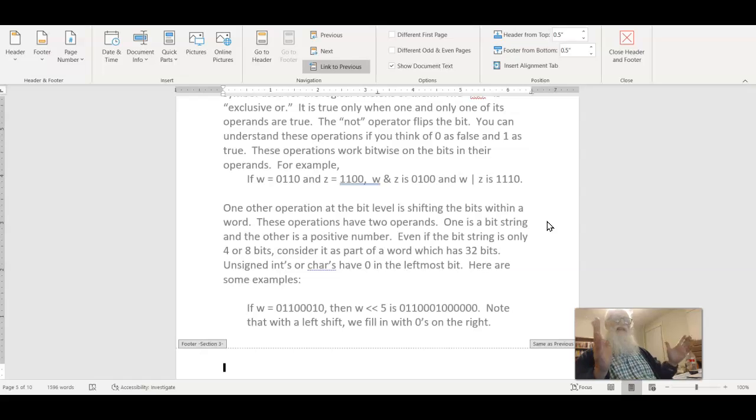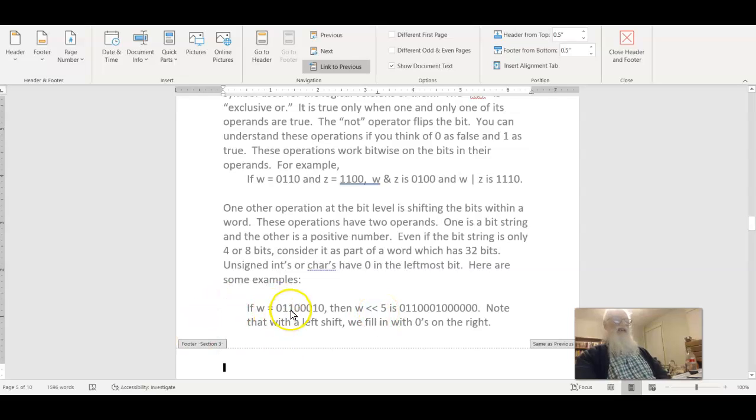As I said, there are 32 bits in a word. Let's say you want to shift the bits towards the left or towards the right. Then you use the operations that look familiar from input and output. This is a right shift.